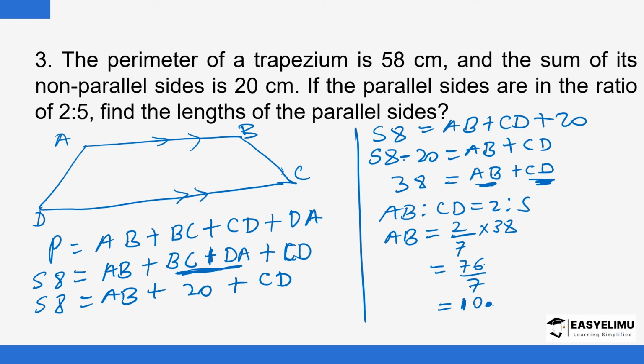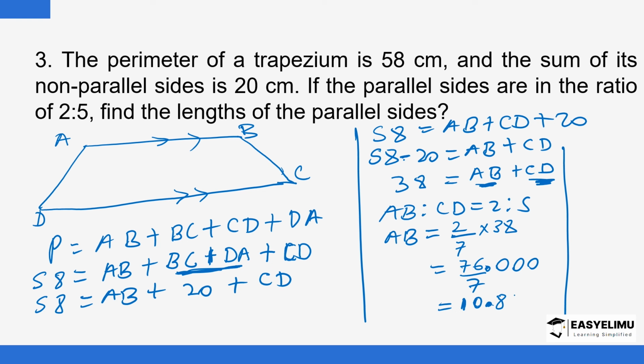So you can add a decimal point here, and then you add more zeros. 7 goes into 7 once; 7 goes into 6, not possible, so you write 0. 7 goes into 60 maybe 8 times because of 56, remainder is 4.